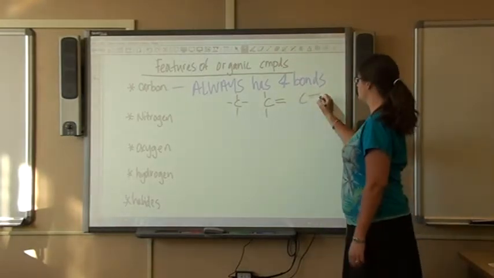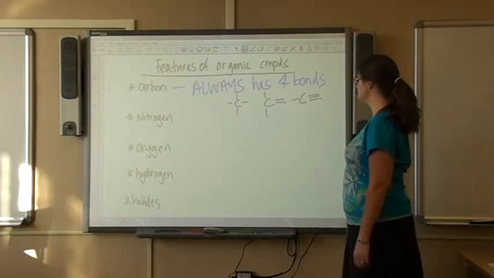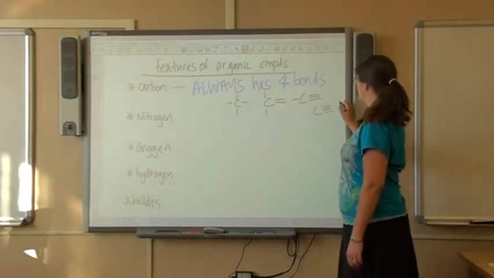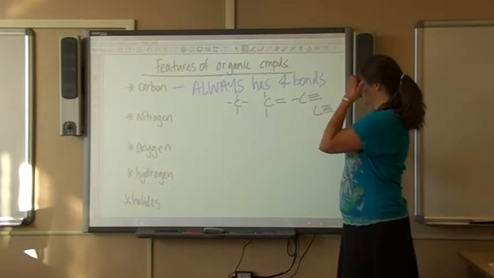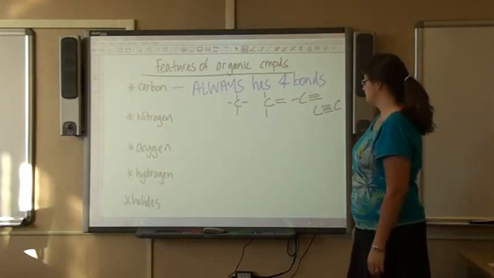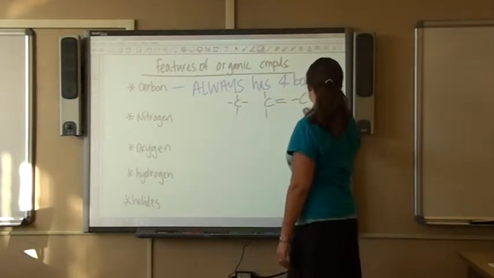You could have a carbon that has a triple bond, and 1 single bond, and very, very rarely, you could have a carbon that has a quadruple bond. Okay, so I'm just going to erase that one.